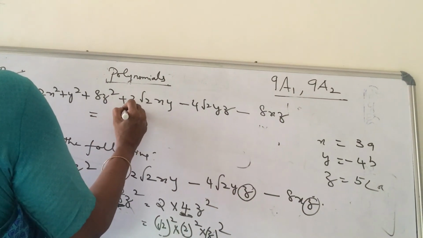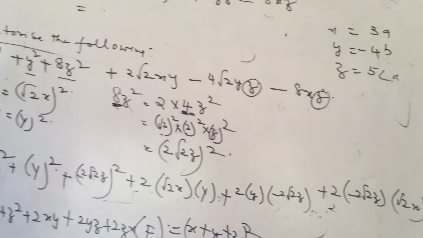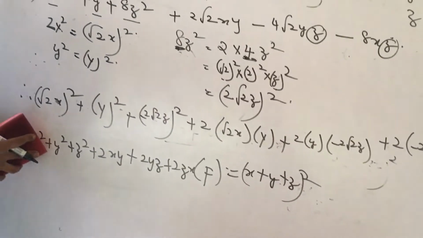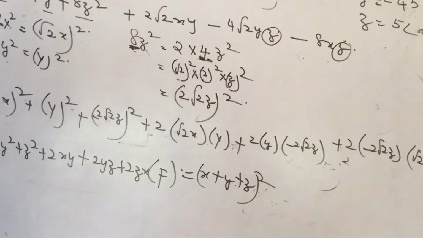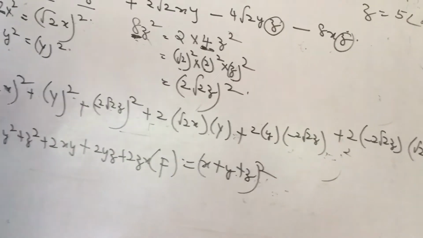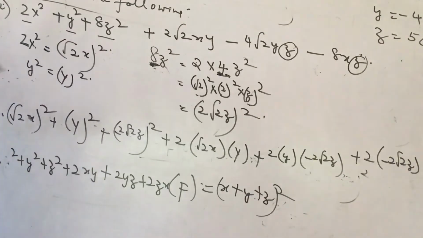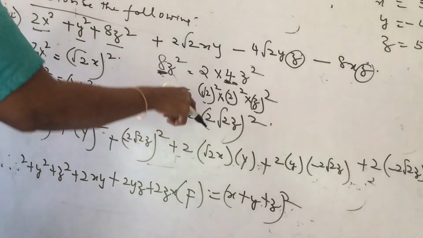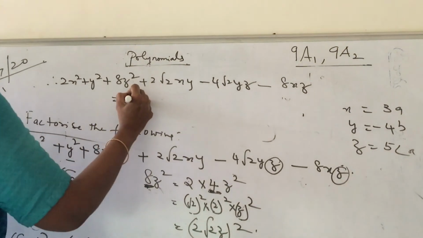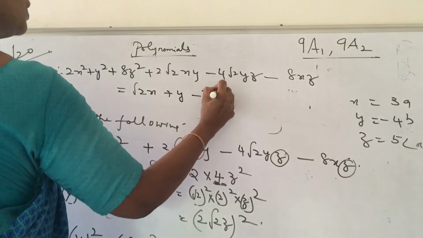X is equal to root 2x plus y minus 2 root 2z.